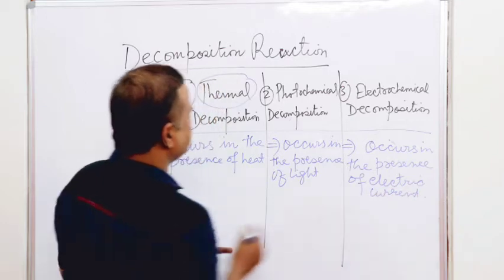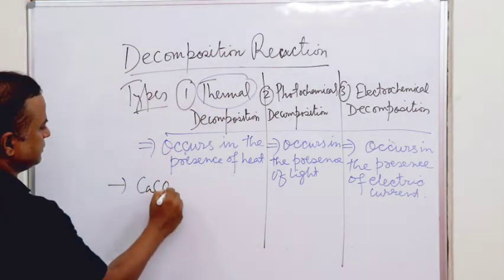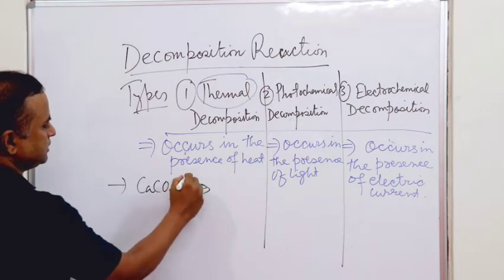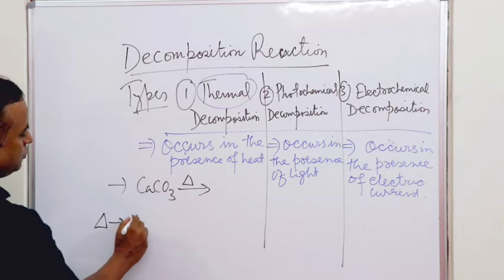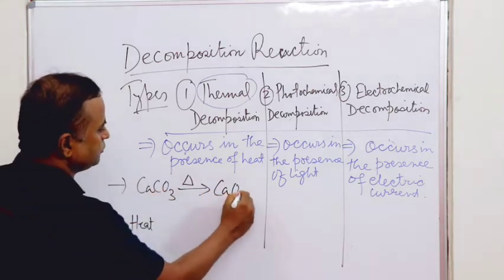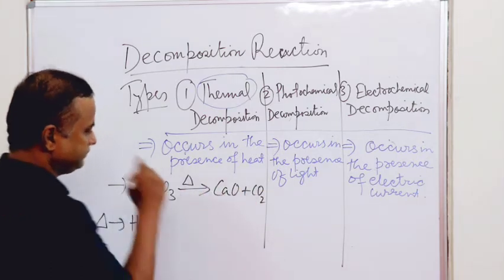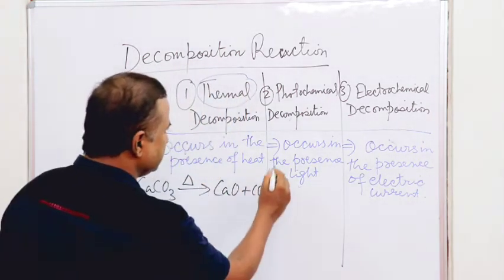So let's see some examples, like calcium carbonate. When it is heated, the symbol for heat, this delta, it is the symbol for heat. So when we apply heat, it breaks into calcium oxide and carbon dioxide. There are many more examples. Please go through your NCERT book.